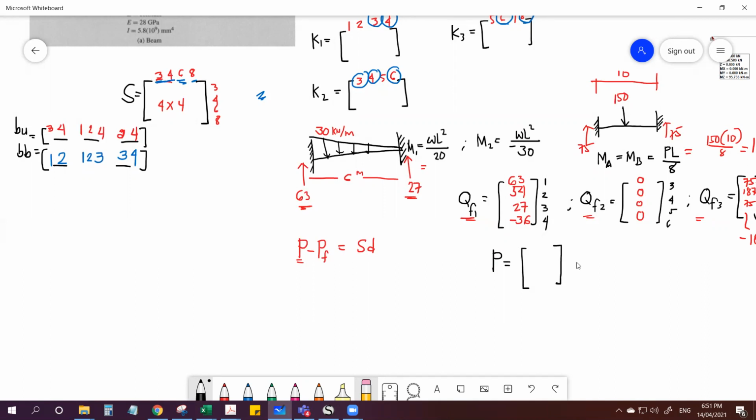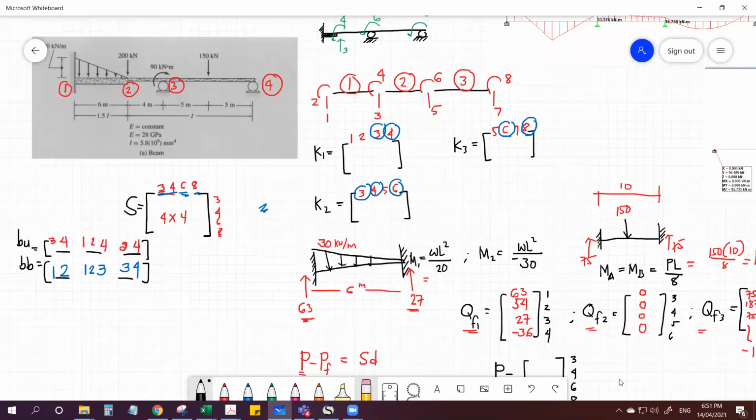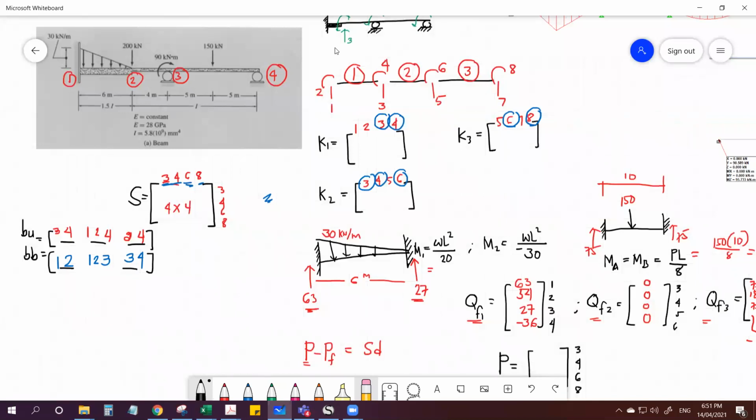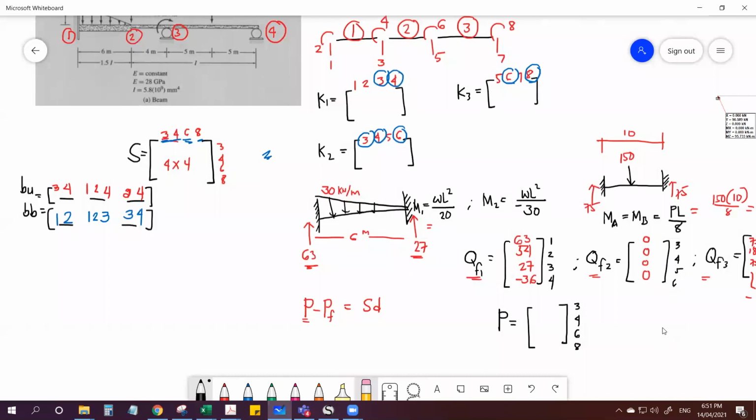So if I set up here 3, 4, 6, 8, corresponding to the S matrix. Do we have an applied load at degrees of freedom 3? Yes, so that is the 200 kilonewton.